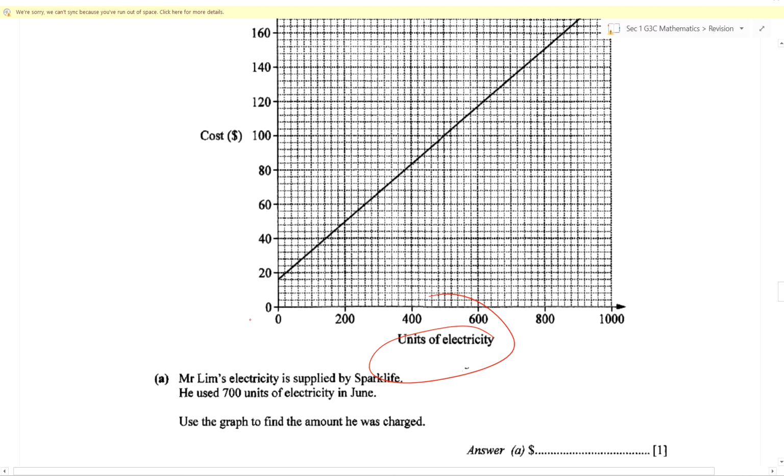In Singapore, all our electricity used to be supplied by Singapore Power, probably a few years ago. Then they opened up the electricity market, and now we have a lot of suppliers for electricity. Sunseed, I think Keppel, and so on and so forth. Go and check with your parents if they have actually switched.